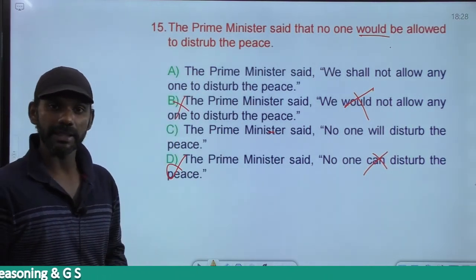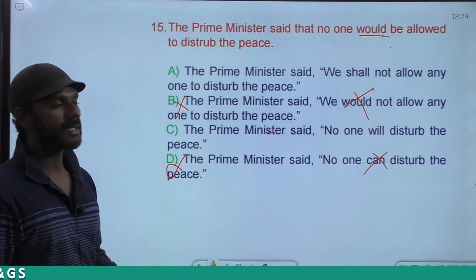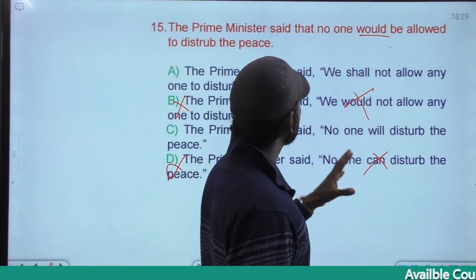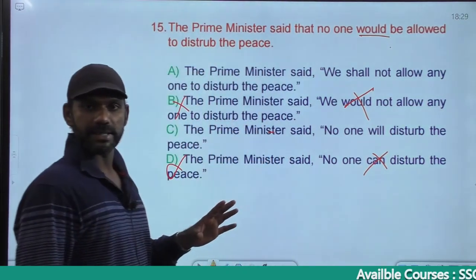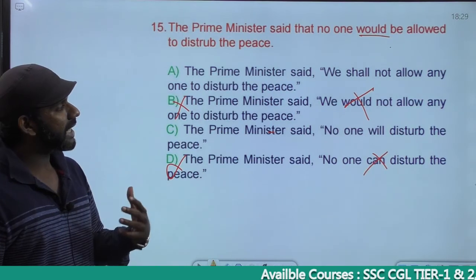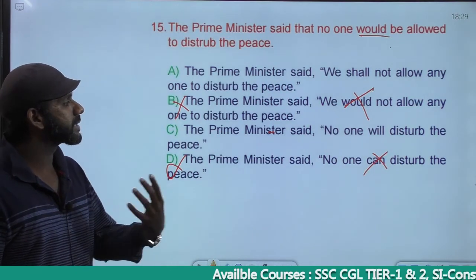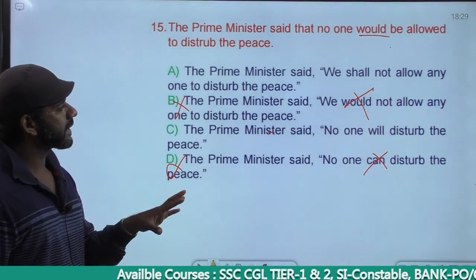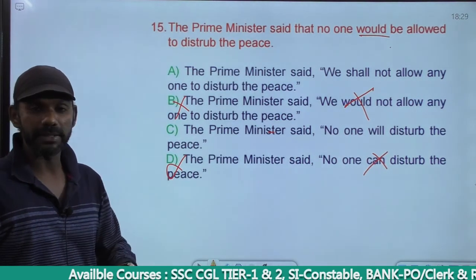Now we should think about the meaning. Come to the question once again. The Prime Minister said that no one would be allowed to disturb the peace. Come to option A. The Prime Minister said, we shall not allow anyone to disturb the peace. Correct? Leave. Come to C. The Prime Minister said, no one will disturb the peace.